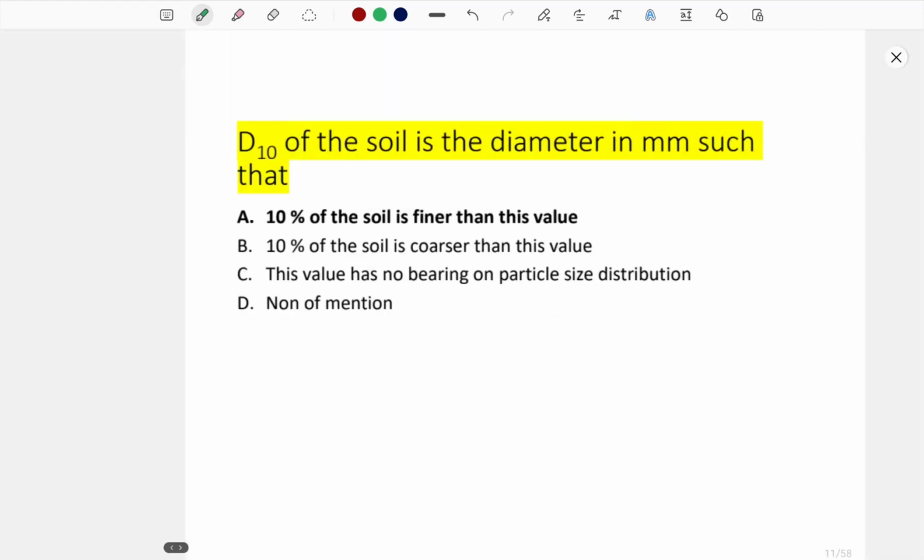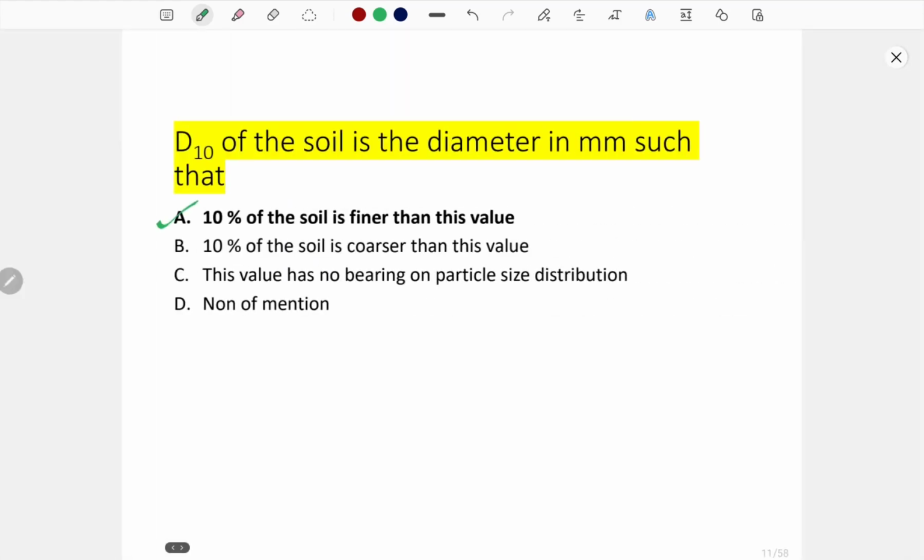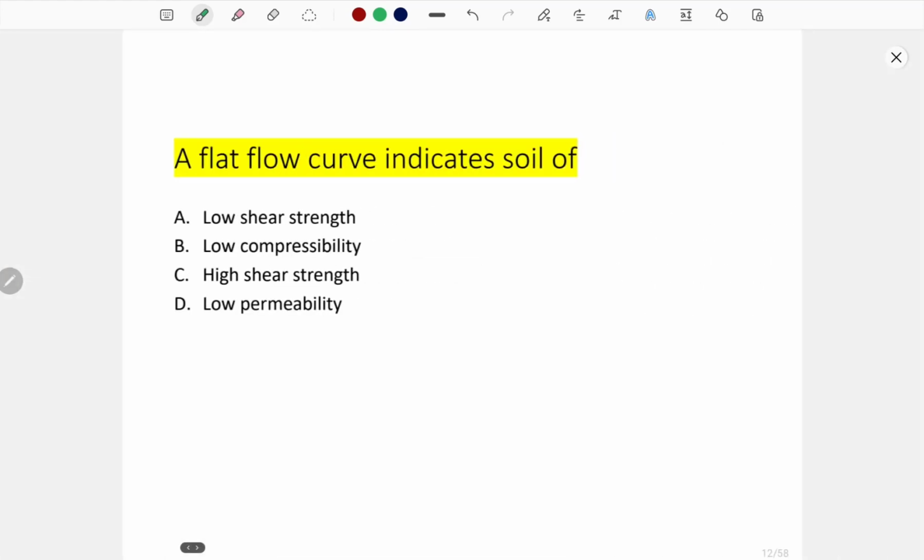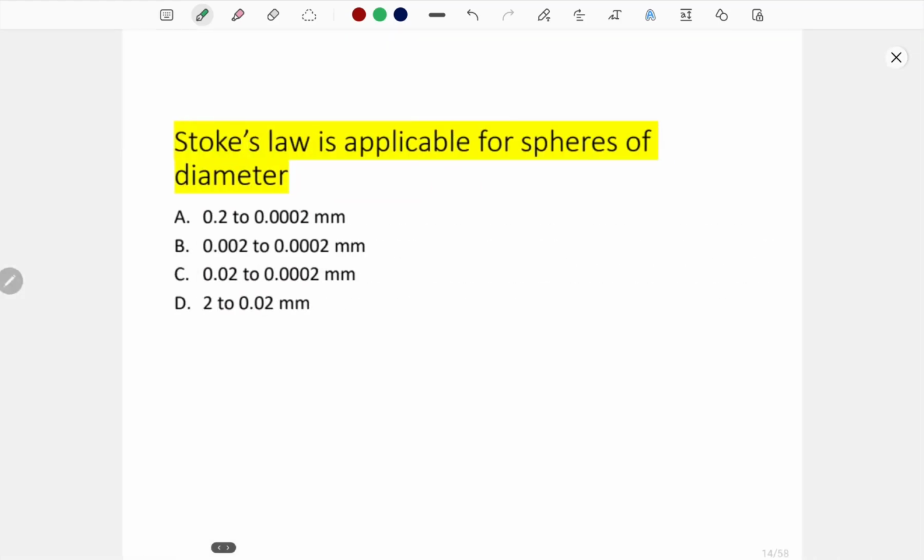D10 can be known as the size for which 10% of the soil is finer than this value. Then a flat flow curve indicates a soil of, so basically you have gone through different kinds of shapes of the curve. Based on that you can identify the high shear strength curve.